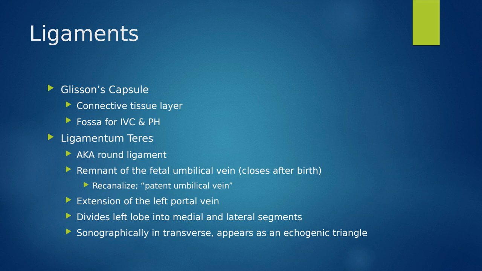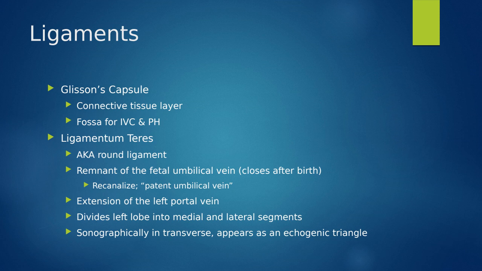This is going to have a close communication with our left portal vein. So we're still going to be getting portal vein blood supply in that vessel, but there's going to be a distal extension to it that is just closed off. It's just like the closed off portion of the hallway. It's still there, but the lights are off. No one's walking down that hallway to get to class. It's closed.